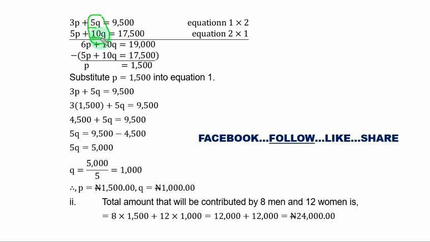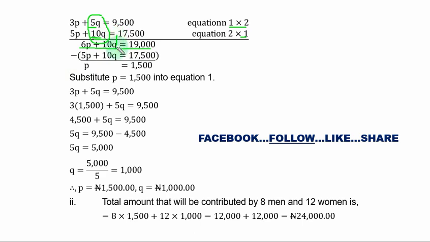So this 10 remains. To make 5 to be 10, you multiply equation 1 by 2 and equation 2 by 1 so that 10 remains. If you do that, equation 1 becomes this and you have equation 2.